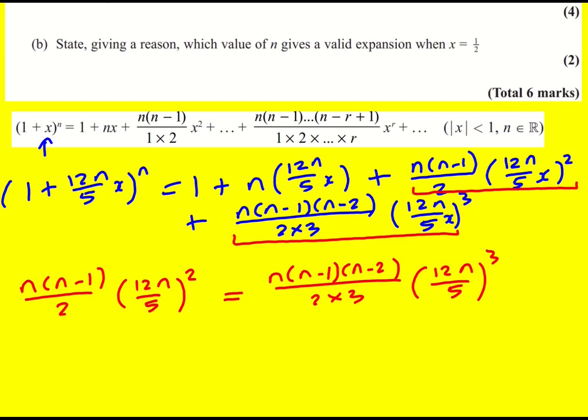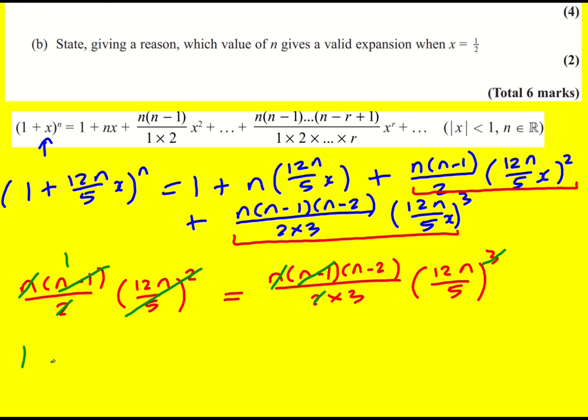Right, let's cancel this down. The n's are going to cancel, n is not 0. The n minus 1's are going to cancel, leaving me 1 there. And I can also divide through by 12n over 5 squared, so that will cancel and lower the power. So what are we left with? Well, a half. Actually, I can also cancel out that 2 with that 2.